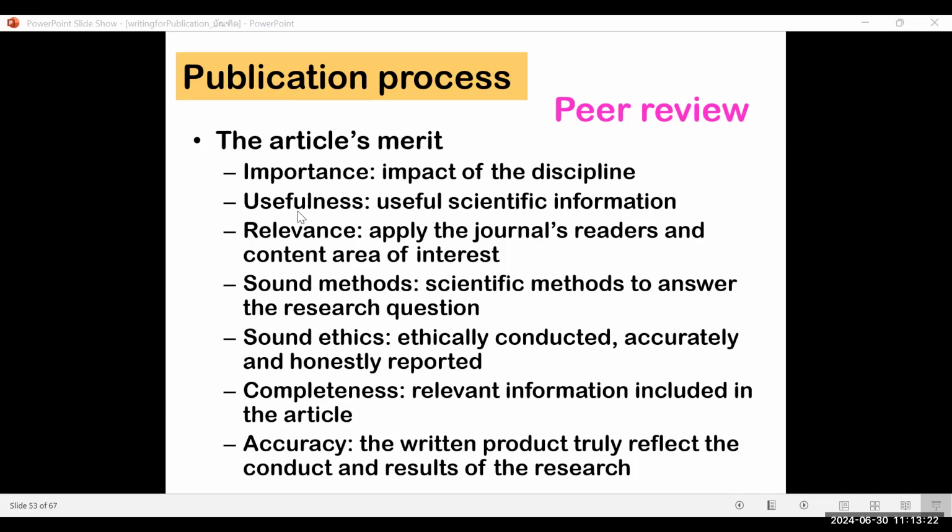And the methods that you have conducted in the methodologies. Again, the most important thing is your methodology part, right? Your method, if it's sound enough, if it's related to the objective that you have set, and the method that you have conducted is also ethically sound. Have you conducted it ethically, accurately, and honestly or not?